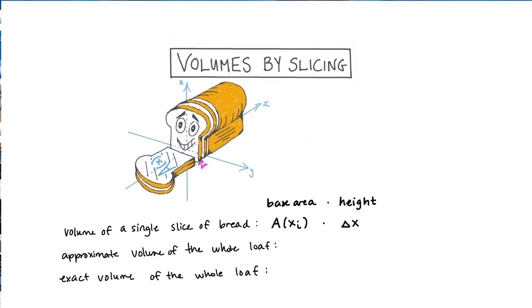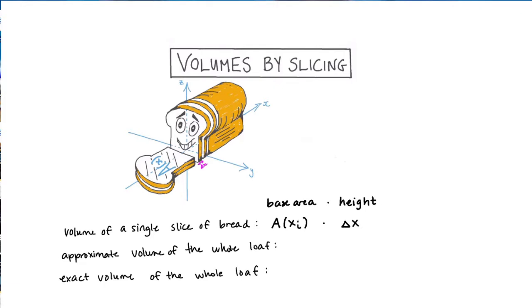Okay. If you need a little refresher of the geometry there, just think about how we did it with a rectangular prism. If this was a more basic shape, we would find the area of the rectangle here. So that's kind of like our A of x sub i, and then multiplied by the thickness, right? So same concept there.